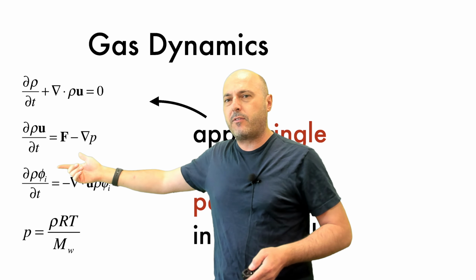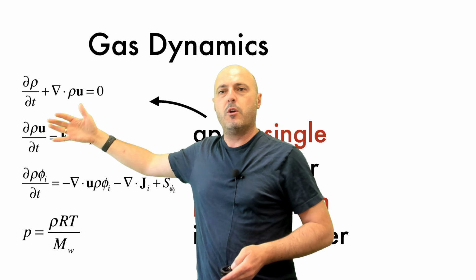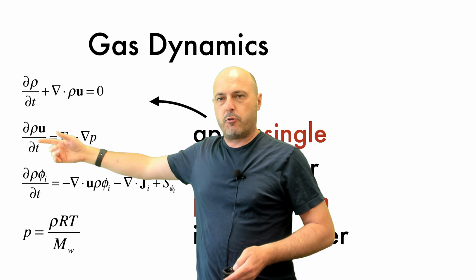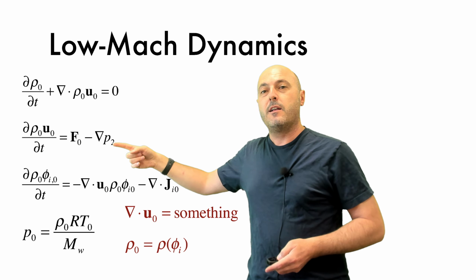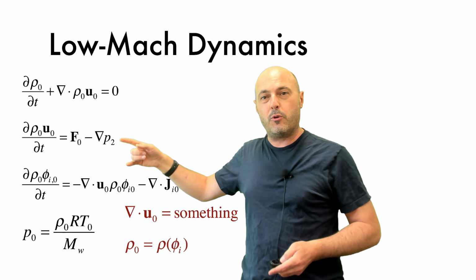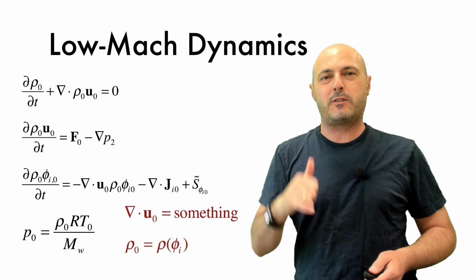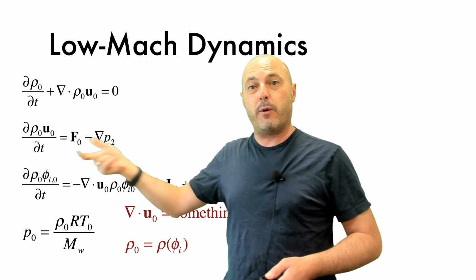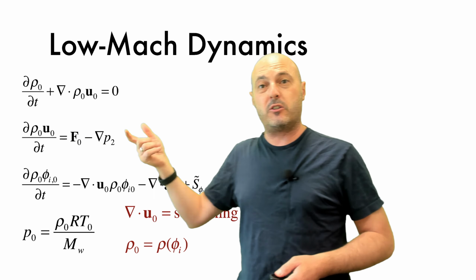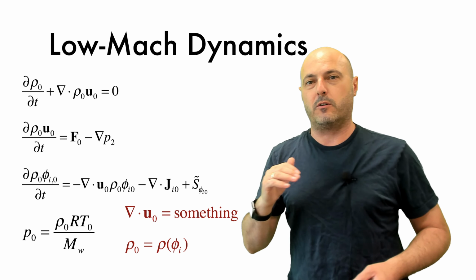Then you go to momentum. If you look at momentum, U and rho and F, they're all the full terms, including acoustics and non-acoustics. They have 0, 0 over here, but look at the pressure now. The pressure here, this P2, is the first non-acoustic, or the second non-acoustic term that ends up showing in the equations. There's a P4 that is actually the acoustic term that we neglect and we don't solve for, okay?